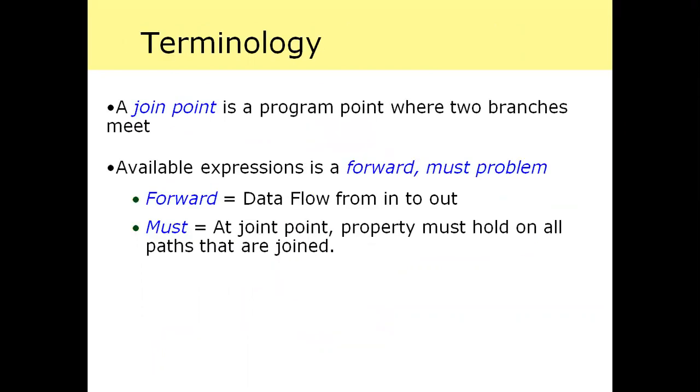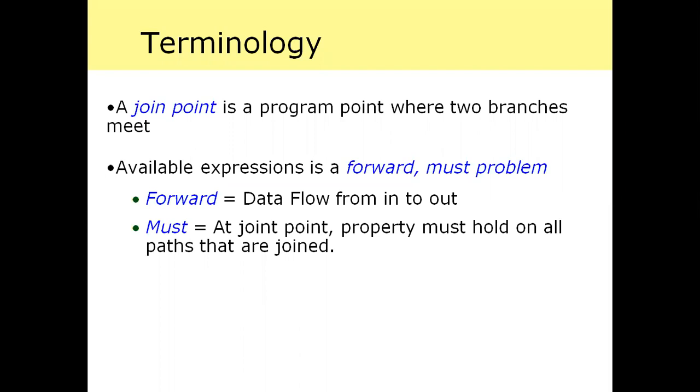And here we have the most important terminologies, like the join point. The definition of a join point is a program point. When we are constructing or representing the flow graph, if any two branches meet, then we can say that it is a join point. The other terminologies in available expressions are forward and must problem.